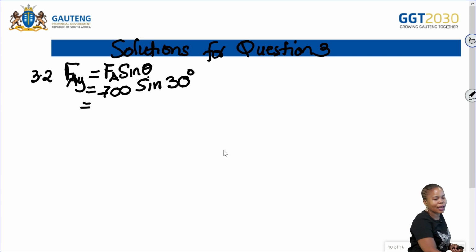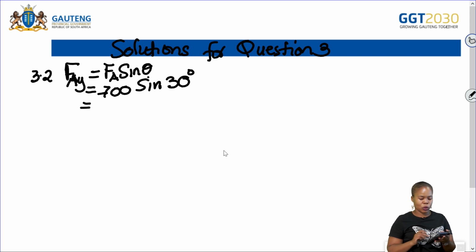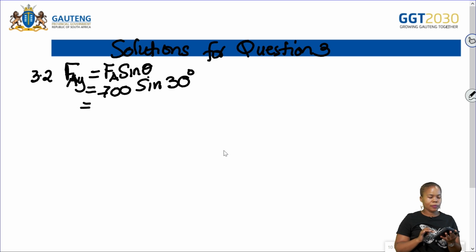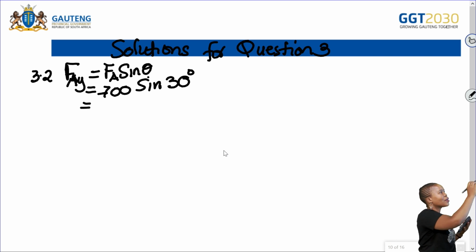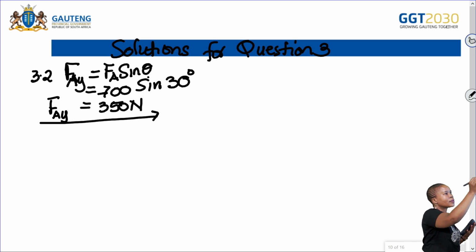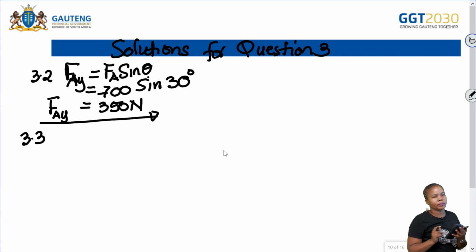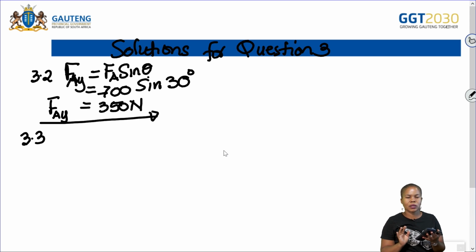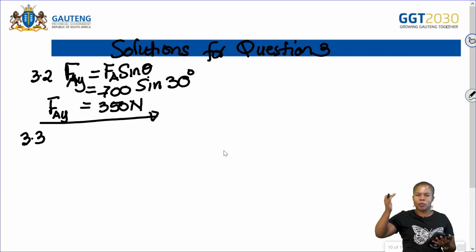So we should do 700 sine of 30 degrees, which is going to give us 350 newtons. So that is our Fay. That is how simple it is to calculate your vertical component.